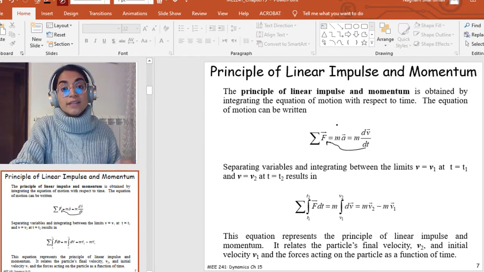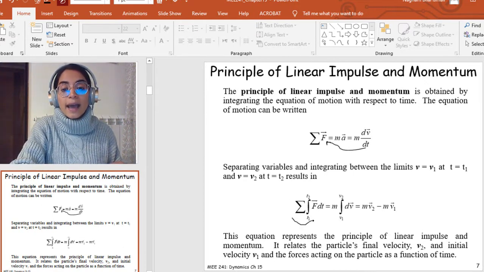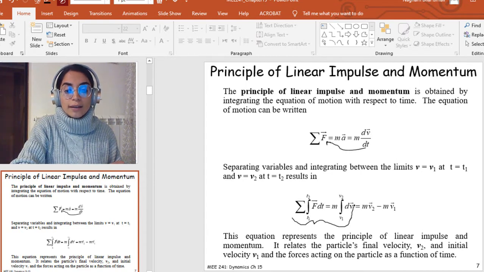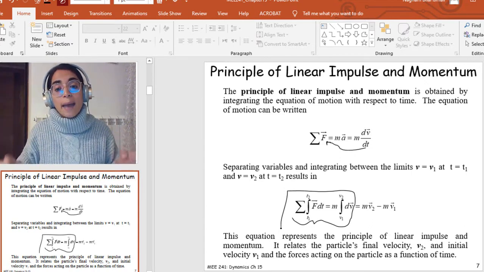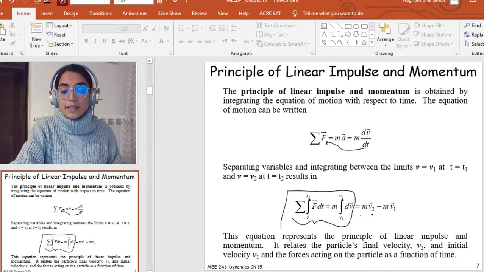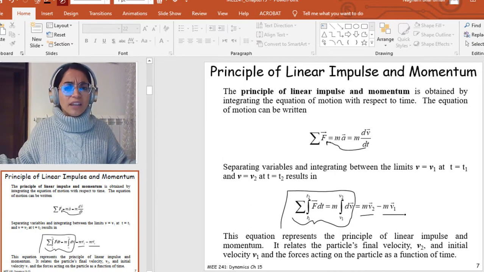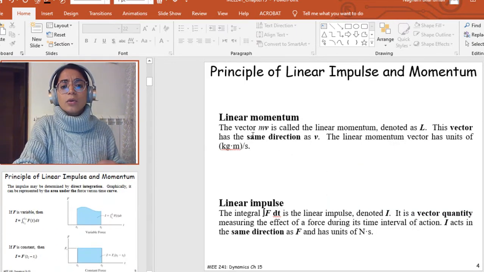Because this is a differential equation, if I convert it to an integral equation, I'm going to have this equation right here. So the sum of the integration of F dt between t1 and t2 will be equal to m times the integral of dv. Now what is the integral of dv between v1 and v2? It's mv2 minus mv1. And what is mv in vector form? If I go back in the slides, this is called the linear momentum, mv.